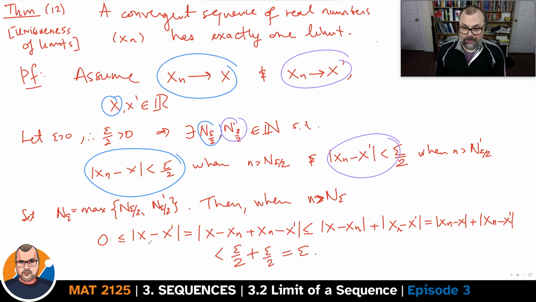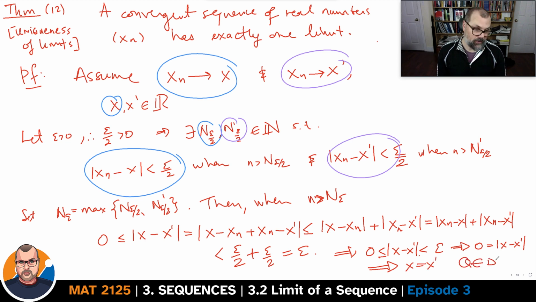We get this quantity, |x minus x prime|, can be made smaller than any positive quantity. Well, there's only one way this can happen. It is if |x minus x prime| is equal to 0, which is to say x is equal to x prime. And that completes the proof.